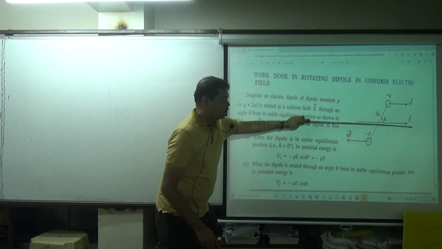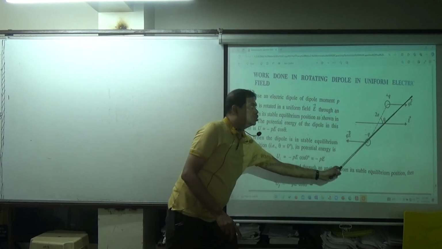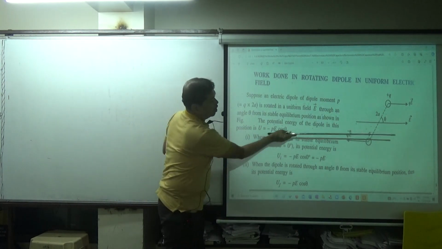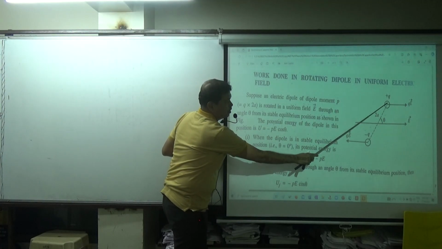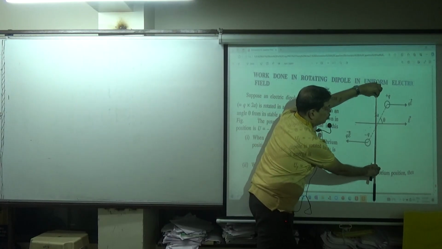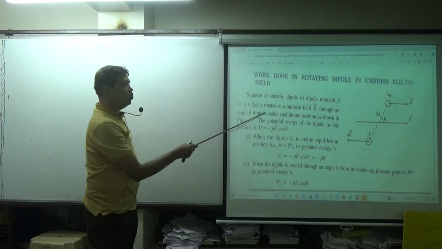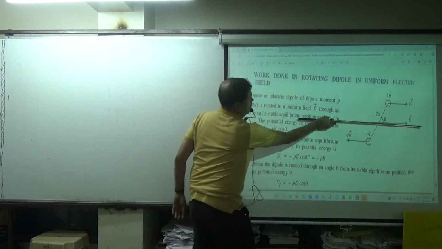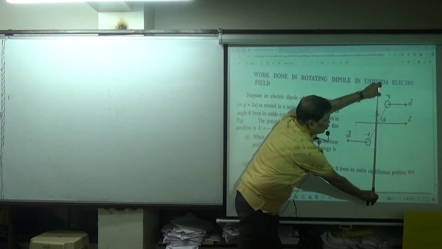So you rotated this from stable equilibrium position to theta, but its potential energy is not the work done from stable to here. Okay, potential energy is always defined as work done from 90 degrees to theta. So even if you displace it from stable to theta, potential energy is always defined from this position.